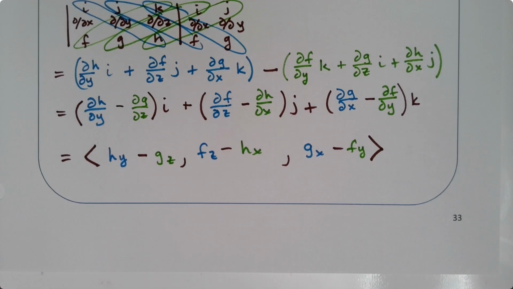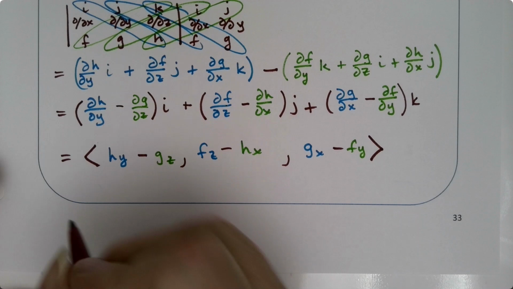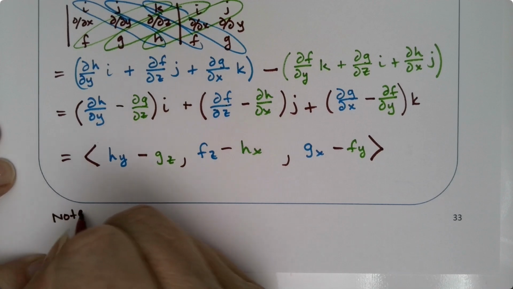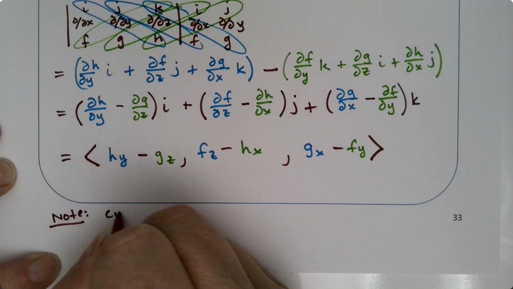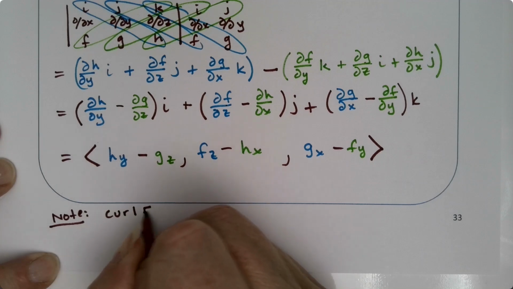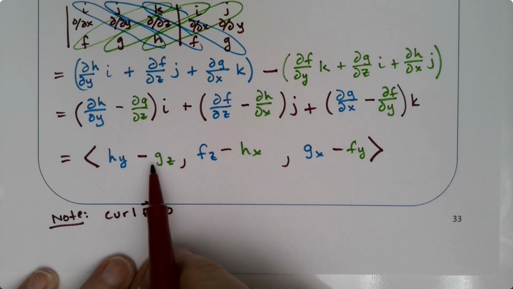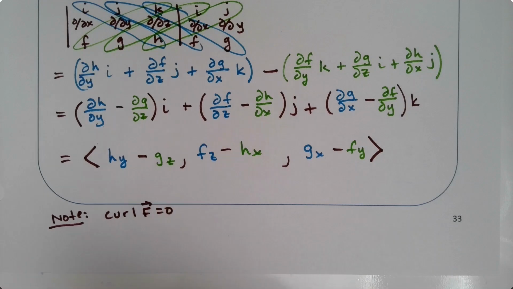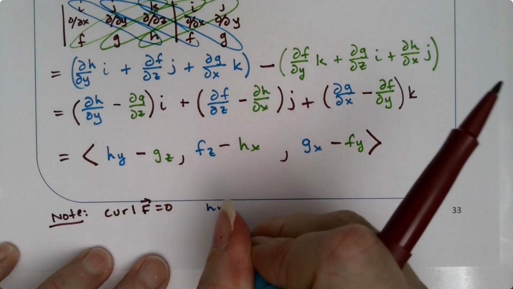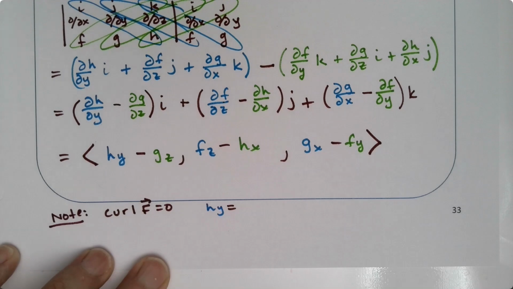All right, now, what would it mean if the curl was equal to 0? If the curl of our vector field was 0, that would mean h sub y minus g sub z was 0, which would mean h sub y equals g sub z.